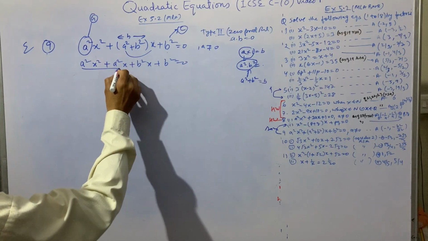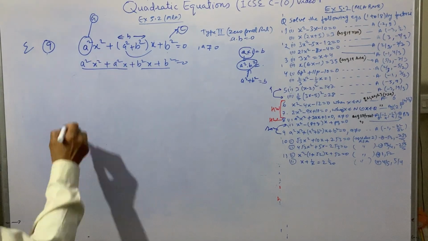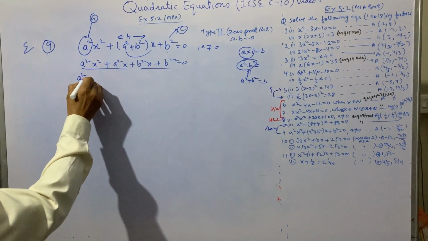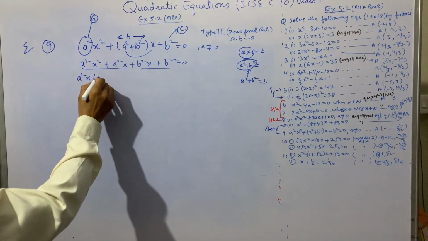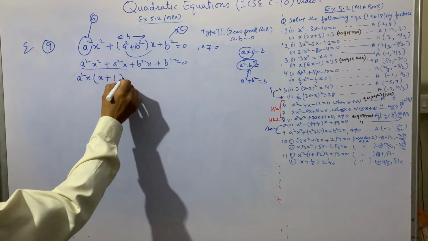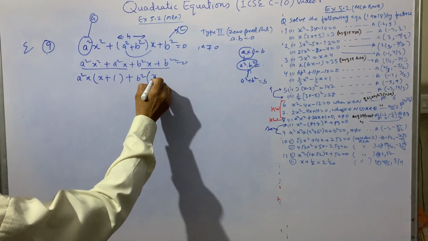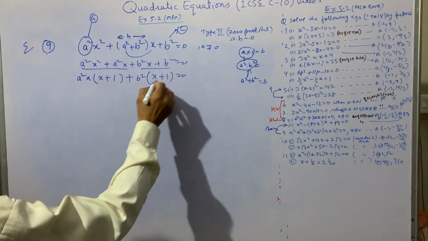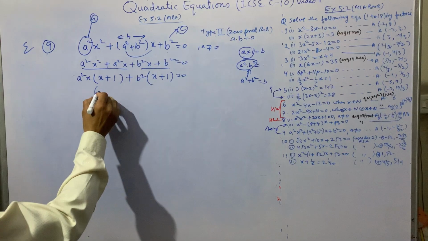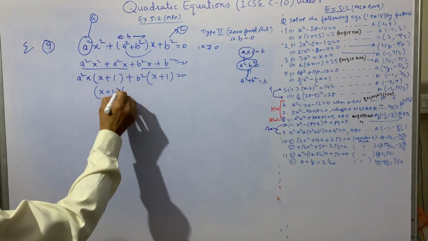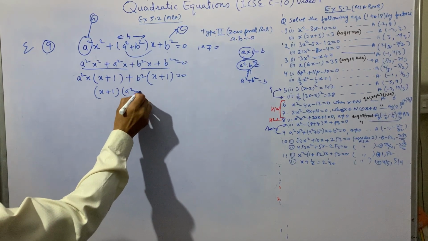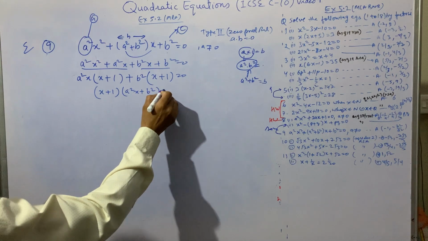And now taking in groups, so taking out the common outside, what we get here is x plus 1, and taking out b square common, we are getting x plus 1 is equal to 0. Now this is the common part, taking out the common part, and the rest part we are getting a square plus b square is equal to 0.